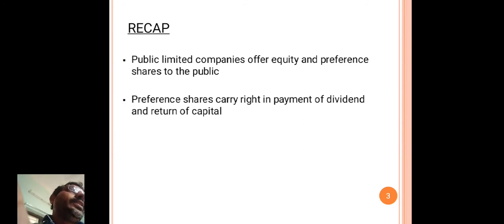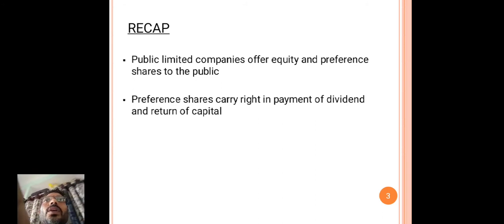If the company gets huge profits or more profits, or if the company is in a normal position, getting normal profit, or in some situations the company may be in a loss position, the preference shareholder will get the same rate or the same amount of dividend.